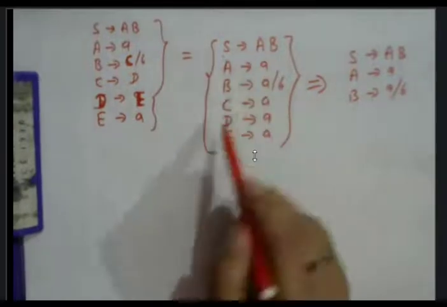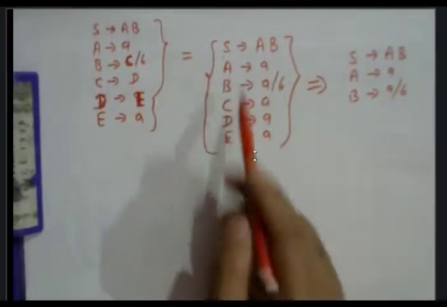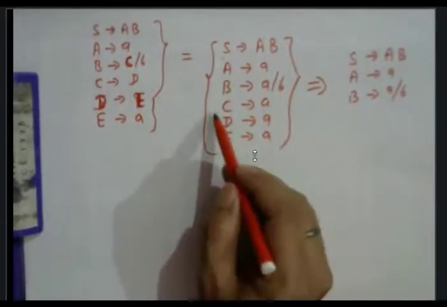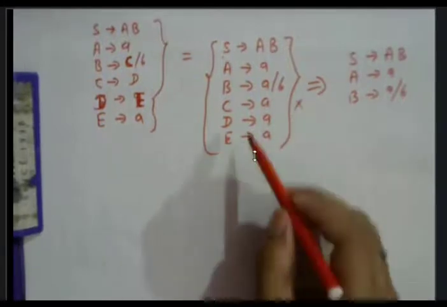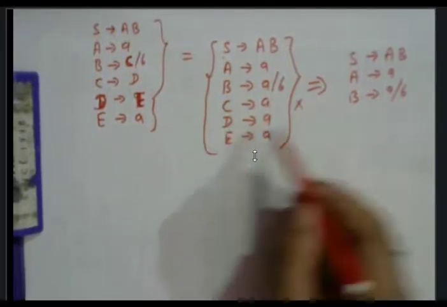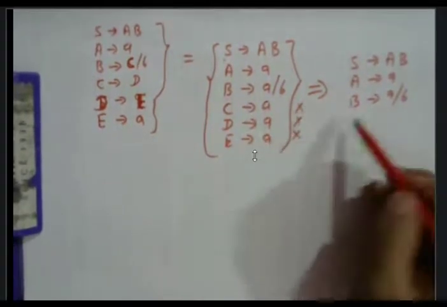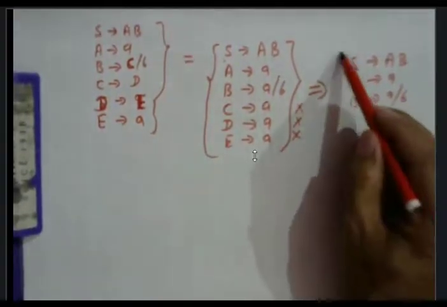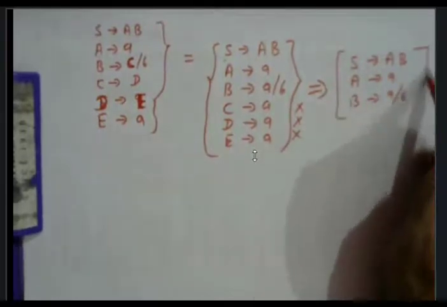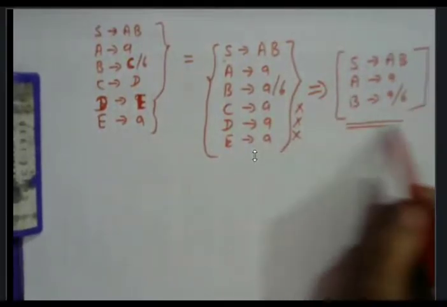C cannot be reached from the starting S, so we do not get this production in the results. And we cannot reach D, and we cannot reach E. Then all these symbols are discarded. Then finally we get the final grammar.